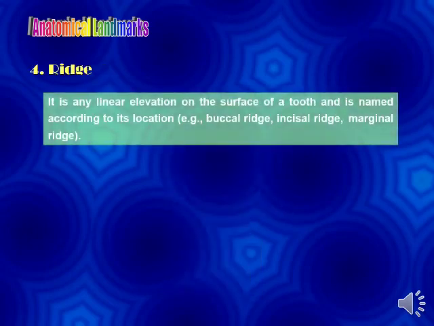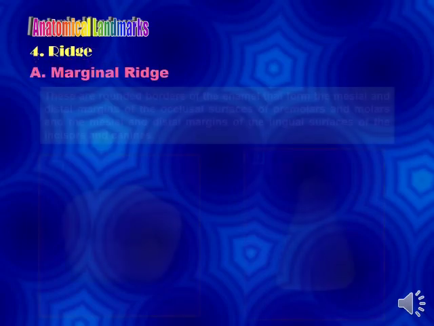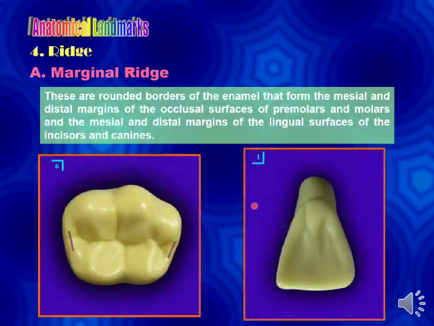Ridge. Ridge, it is any linear elevation on the surface of a tooth and is named according to its location. Example, buccal ridge, incisor ridge, marginal ridge. Now we have the marginal ridge.